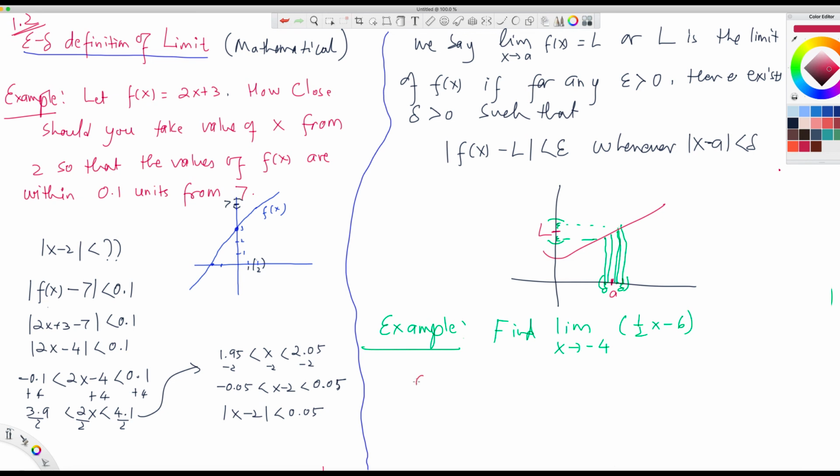Here in this case, the solution is you plug in: 1/2 times -4 minus 6. How much is that? -4/2 is -2, minus 6 is -8. So the limit of this function is -8. The answer is -8. This is how we find the limit of a function directly. But we will see the detailed method to find the limit of a function in the next section, section 1.3. Thank you guys.